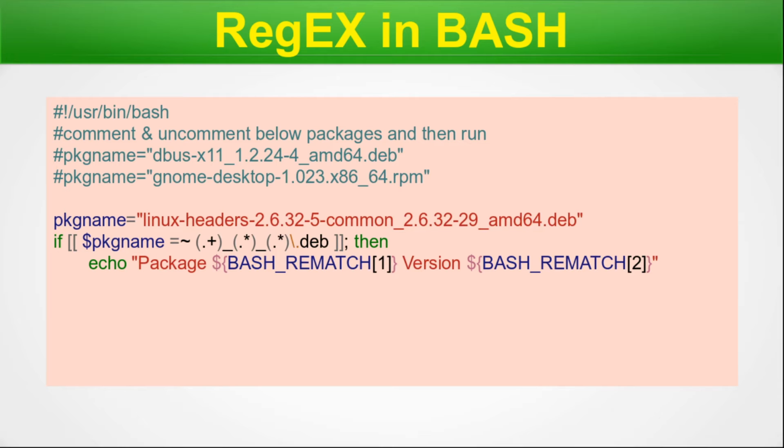The array name is BASH_REMATCH, and each of the group items can be accessed with BASH_REMATCH 1, BASH_REMATCH 2, BASH_REMATCH 3, like that. So in the next line we echo BASH_REMATCH 3, the architecture.